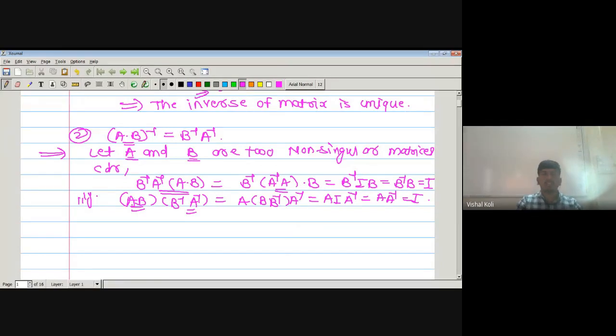Hence, (AB) inverse is nothing but B inverse into A inverse.